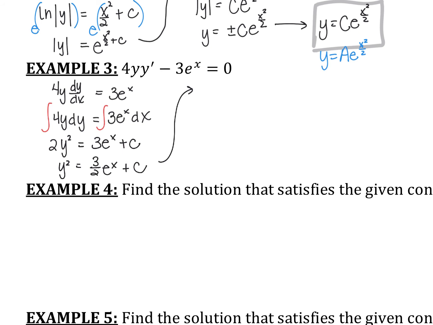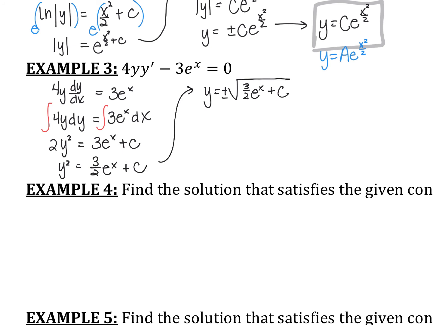Now, if I take the square root here, when we take the square root of a number, the answer that we get is plus or minus that square root. Plus or minus in this situation is important.